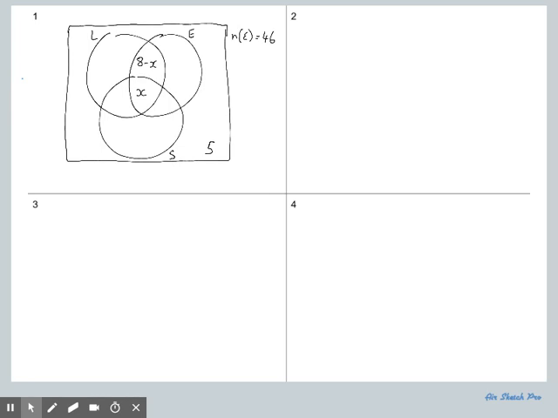So A is going to write in what she thinks. It's okay if you get it wrong, don't worry. Is she right? Yes, she is. Well done. So that's 10 minus x that goes in there.